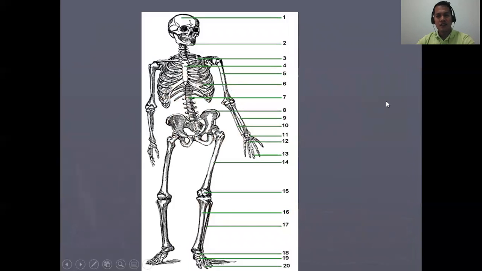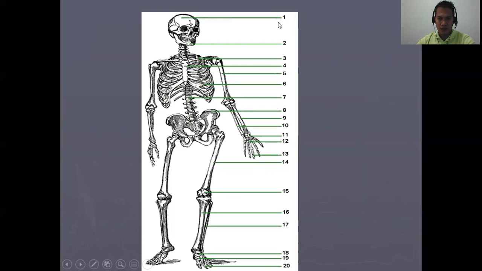Now, let's do a little bit of activity. If you can name at least 10 of the major bones in our body, you can comment down below, all right? And write the number for each item that you would like to answer.